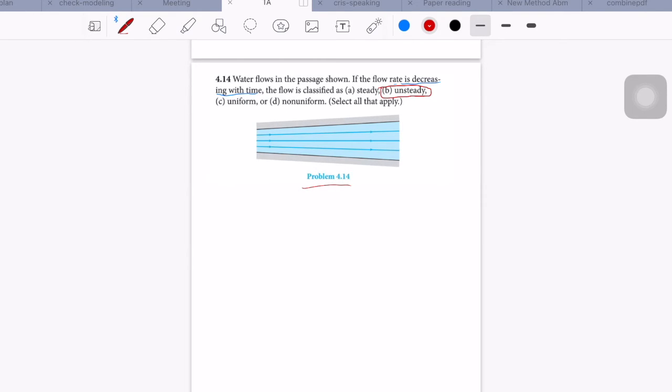So the flow is non-uniform flow. So this flow is B, unsteady flow, and D, non-uniform flow. So we finished this problem.